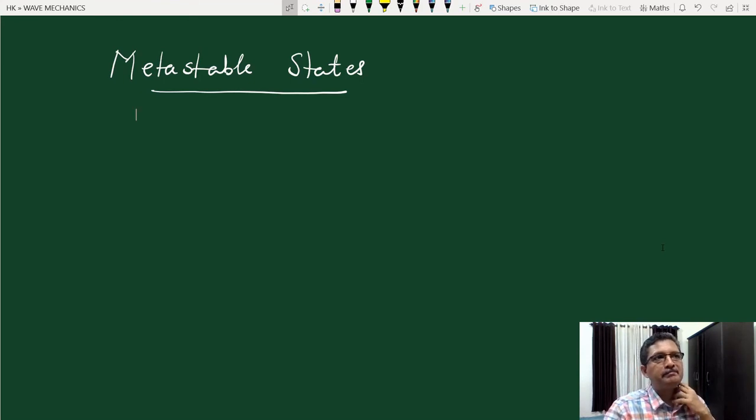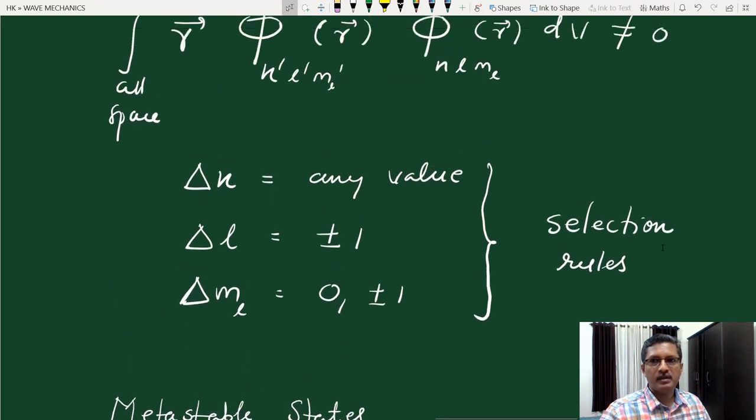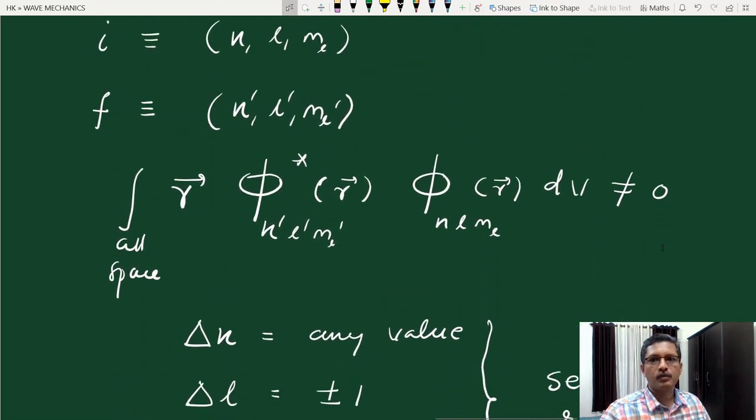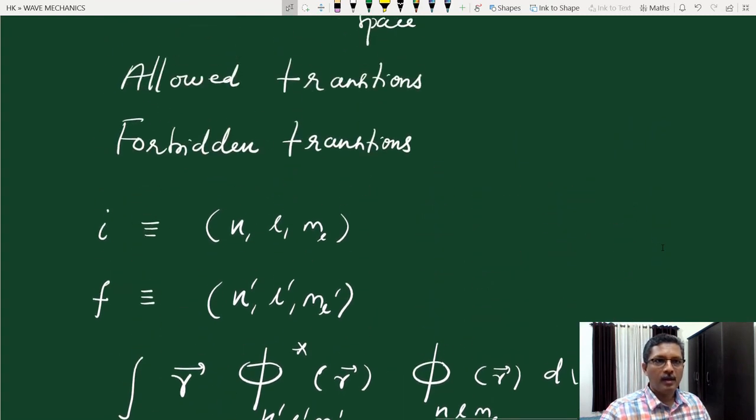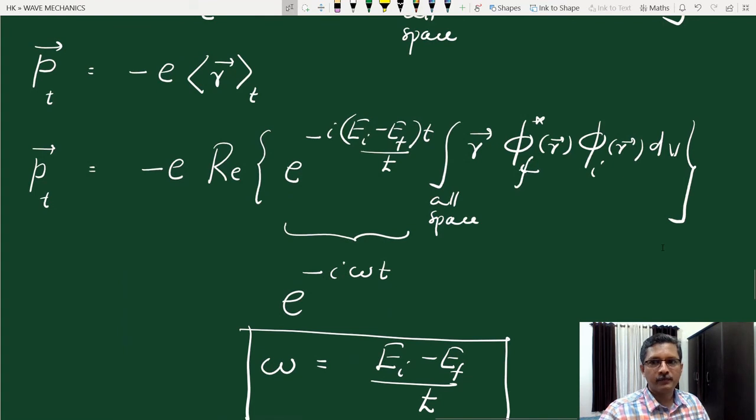See, we have seen that for radiative transitions to be possible, this integral should be non-zero. But this integral is connected to the electric dipole moment, right? So we have considered that the radiative transitions are due to electric dipole oscillations. So if this integral is non-zero, then we have an oscillating electric dipole moment, and we have a radiative transition.